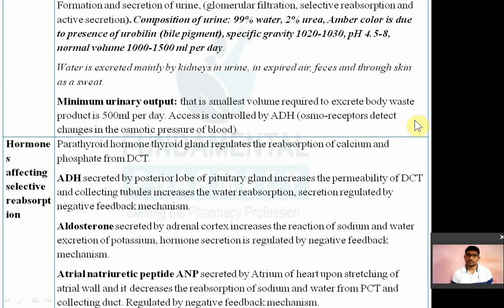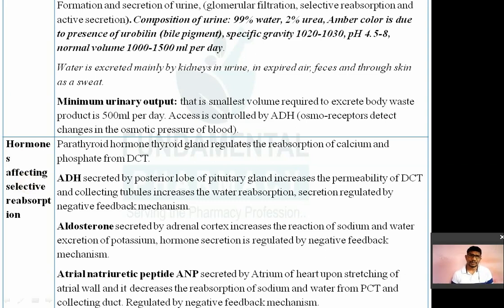Osmoreceptors are responsible for the detection of osmotic pressure of blood. तो जैसे ऑस्मोटिक प्रेशर अब जो है ब्लड का, अगर मान लीजिए कि ऑस्मोटिक प्रेशर ज्यादा हो गया, तो ऑस्मोरिसेप्टर will be activated and they will signal the brain to decrease the release of antidiuretic hormone. ऑस्मोटिक प्रेशर कब बढ़ता है? जब ब्लड में सॉल्ट कंटेंट ज्यादा होगा तो ऑस्मोटिक प्रेशर बढ़ेगा, तो एंटी डायरेटिक हार्मोन का सिक्रेशन कम होगा. जैसे ही ऑस्मोटिक प्रेशर ब्लड का कम होगा, एंटी डायरेटिक हार्मोन का सिक्रेशन बढ़ेगा. And vice versa. Remember.